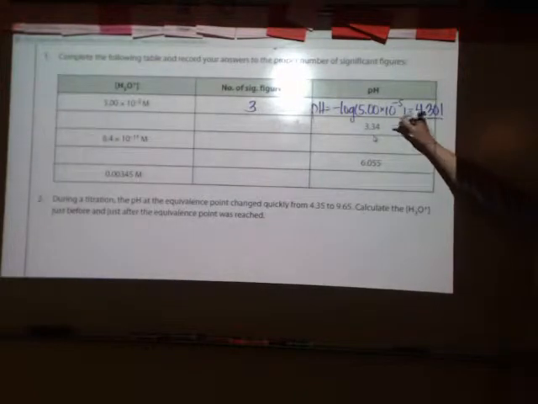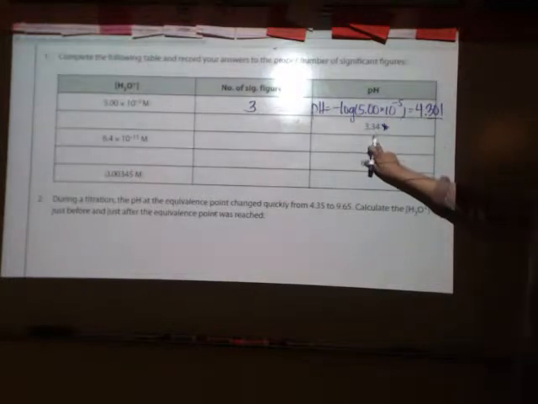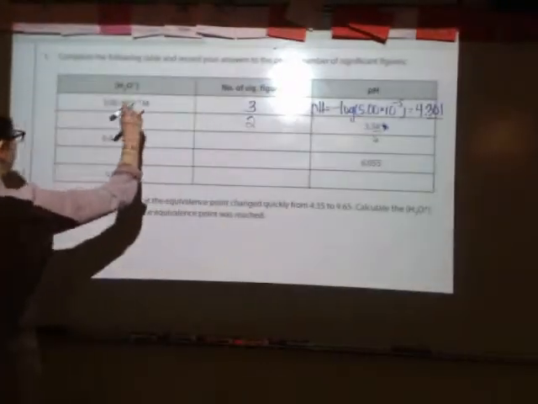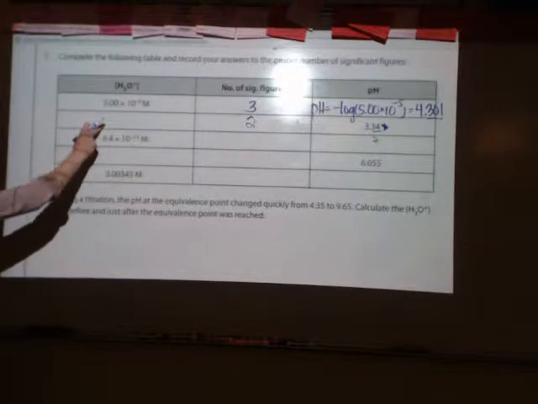But what if I'm given the pH instead? I can calculate the concentration of hydronium ions by taking 10 to the negative pH. So since I have 2 decimal places here, that means I would have 2 sig figs in my hydronium ion concentration.